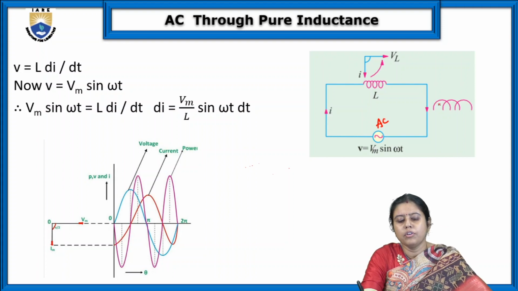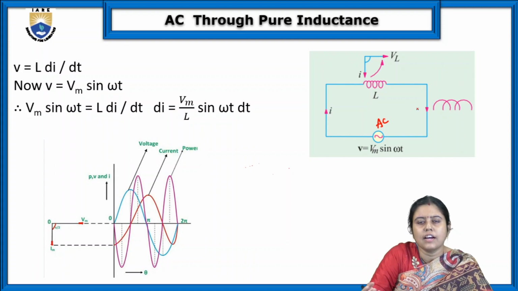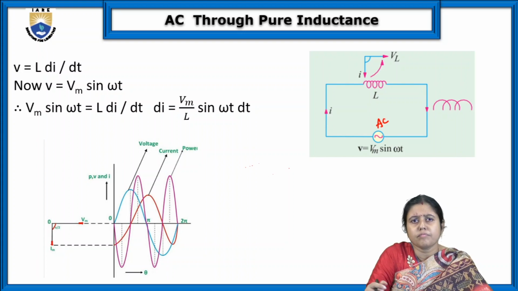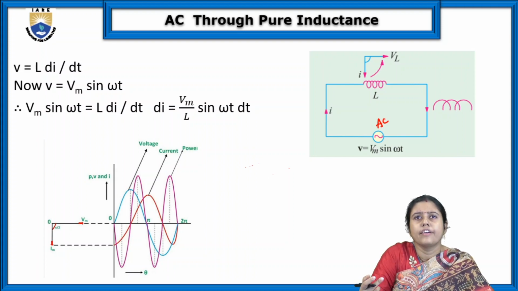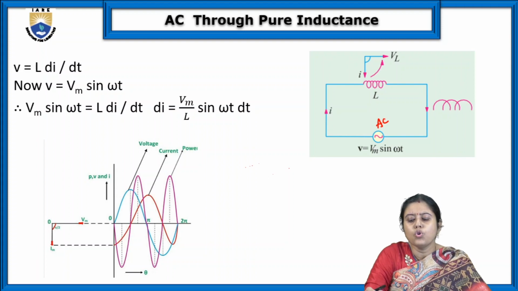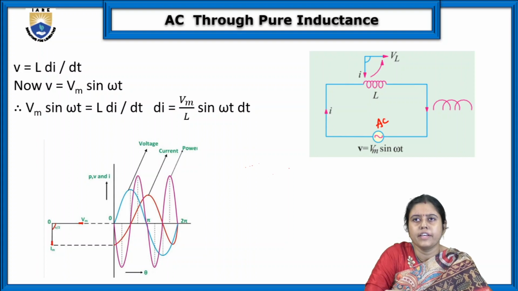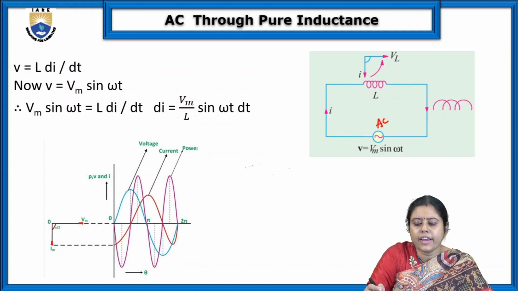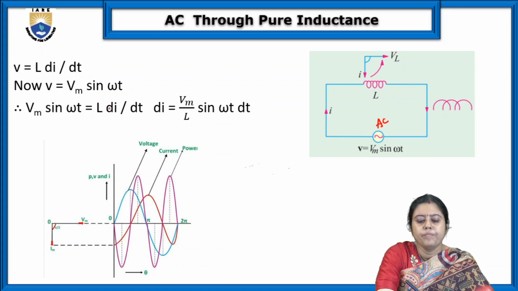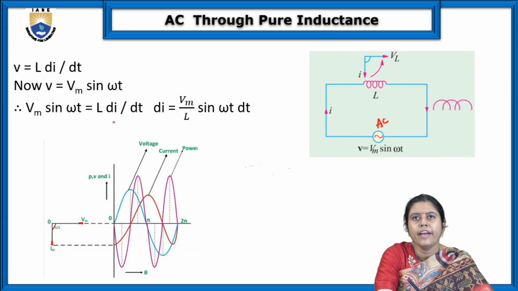Now, when current flows, as we discussed earlier, there is a general tendency of the inductor to oppose the rate of change of current. So if there is a rate of change of current, Vm is equal to L di by dt.